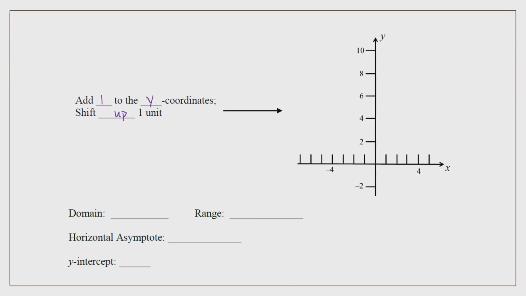Okay. So we first had -2, 9. So now it's going to be -2, 10. And then we had -1, 3. So now we're going to have -1, 4. We also had 0, 1. So now we're going to have 0, 2.